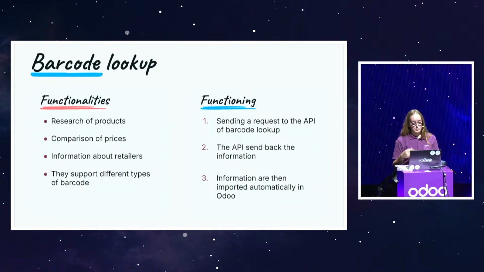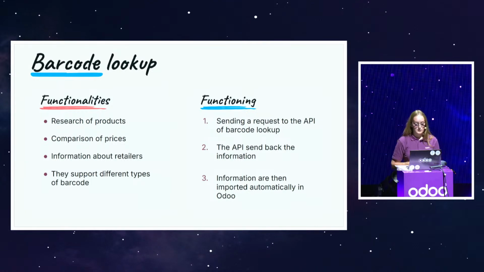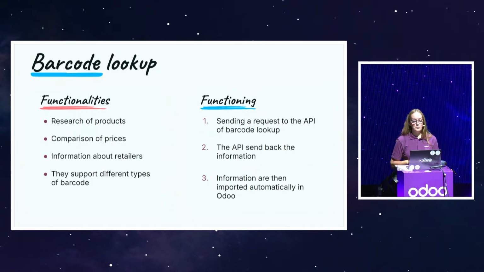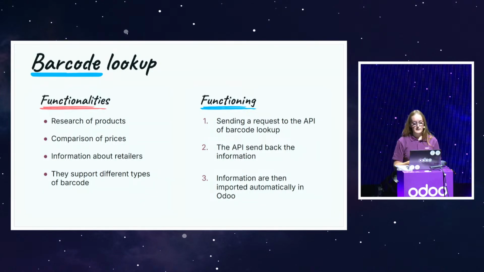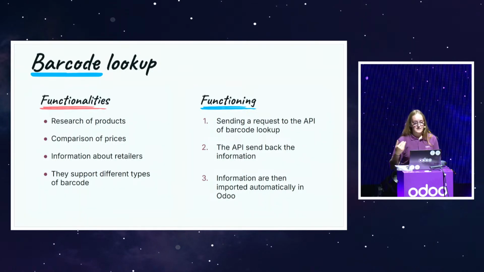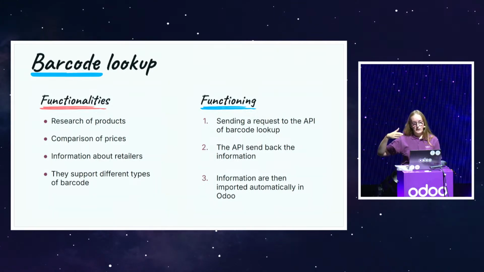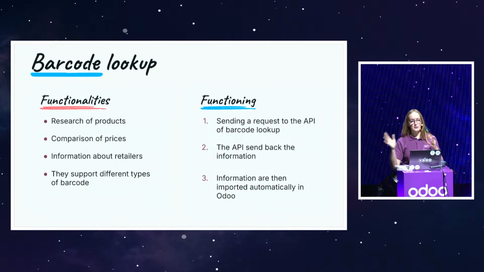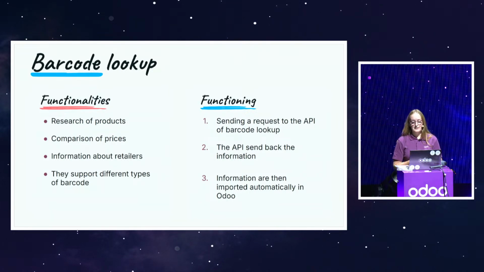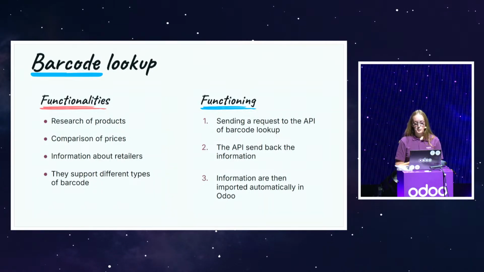You can search for products, compare prices, get information about retailers, and of course, they support other types of barcodes, but today I only showed the EAN13. And if you wonder how it is working, it's just Odoo sending a request to the API of Barcode Lookup. The API sends back the information to Odoo, and then the information is automatically put in your product form.